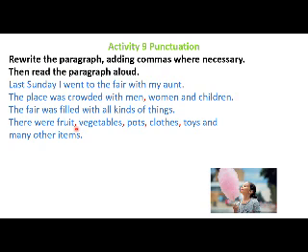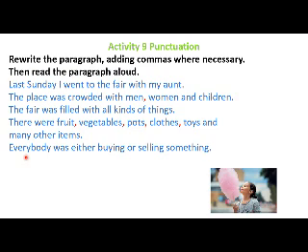Fruit, comma, vegetables, comma, pots, comma, clothes, comma, toys, and many other items. Right? Let's move on to the next sentence. What is the next sentence of the paragraph? Everybody was either buying or selling something. No need to insert a comma in this sentence, right?